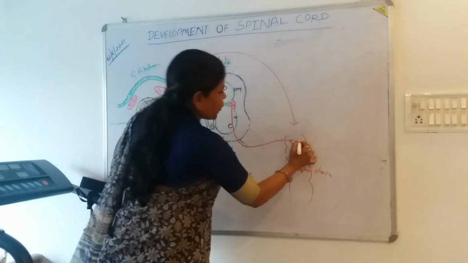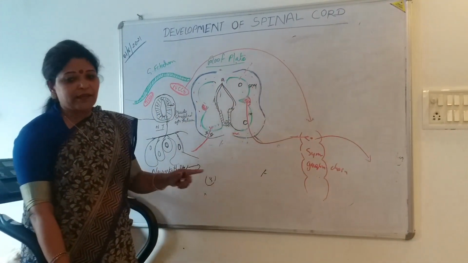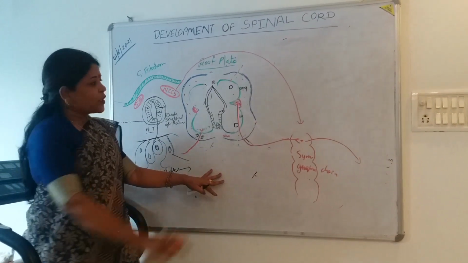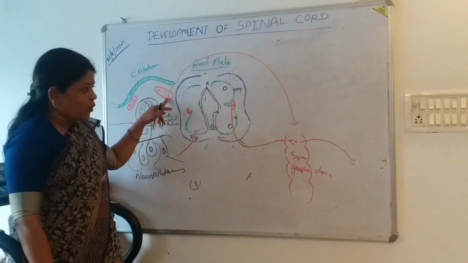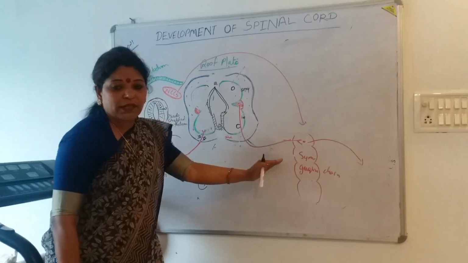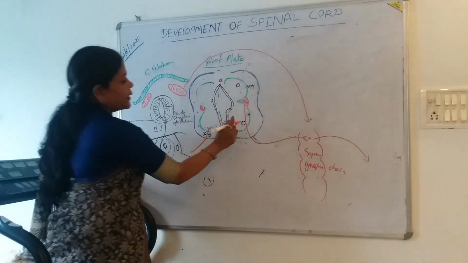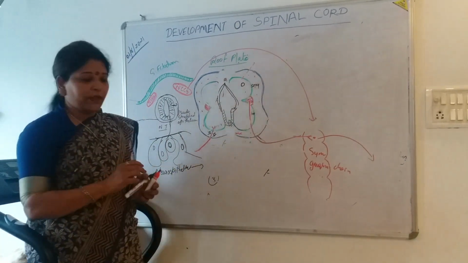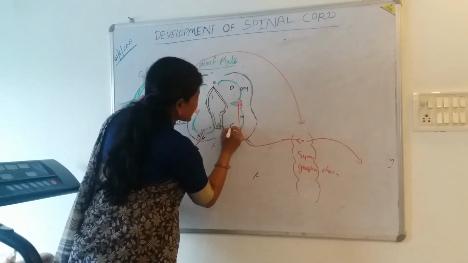From here, the postganglionic sympathetic fibers arise and supply the organ. Clear? Yes or no? This was one of the derivatives of the neural crest cells, developing by the side of the developing spinal cord, that is the sympathetic chain. Okay. Now, here there is a motor neuron, here is the sensory neuron. Now, what is the difference between this neuron and this neuron? Anyone? What would be the basic difference?